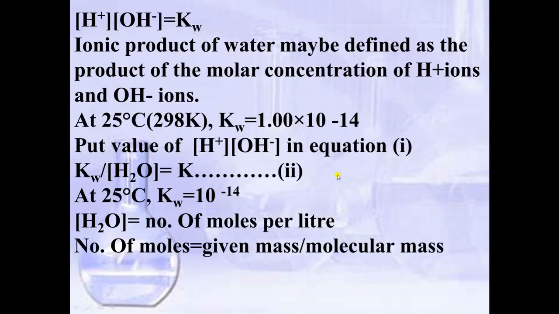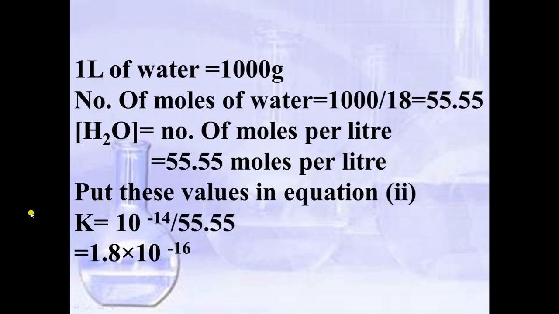Now the value of Kw at 25 degrees Celsius is equal to 1 into 10 to the power minus 14. So we will put the value of Kw and concentration of water in equation number 2. Then K is equal to 10 to the power minus 14 divided by 55.55, which is equal to 1.8 into 10 to the power minus 16.